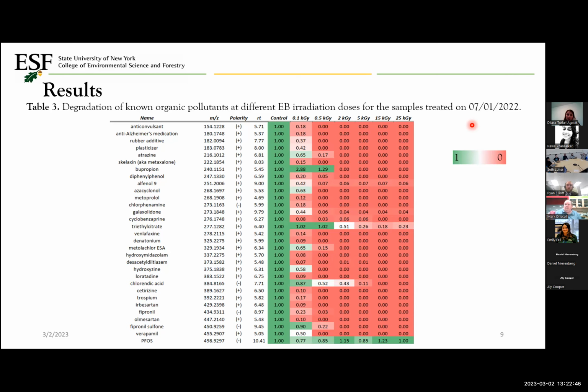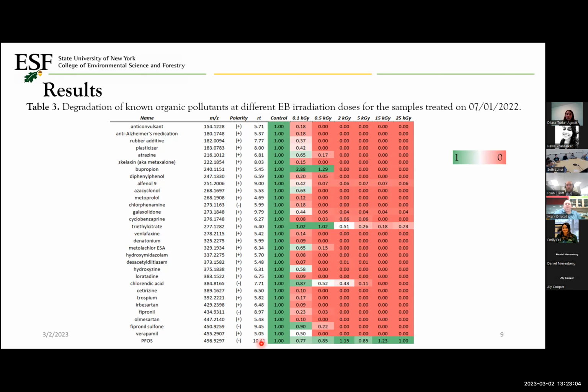So most of them have a tendency to completely degrade as the irradiation dose increases. You can see it just turns to red.